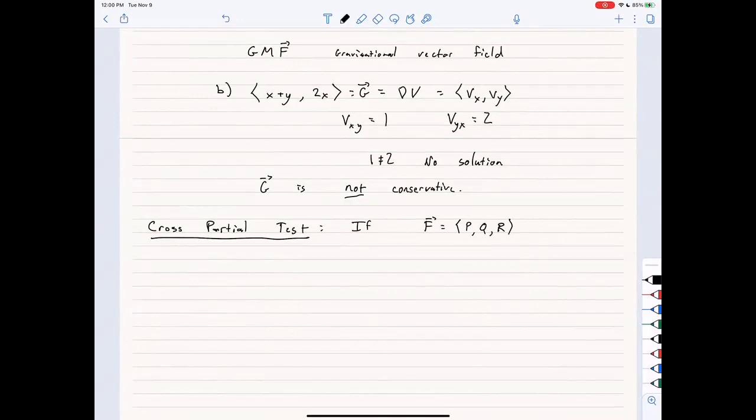And I say that it is conservative, then, well, I also want to add this very simple condition, but it's usually satisfied: P, Q, and R have continuous derivatives, which almost all of the functions we deal with do.